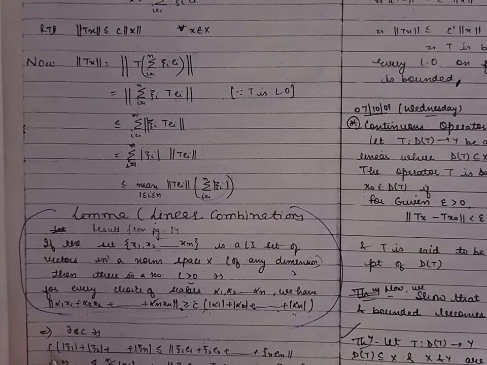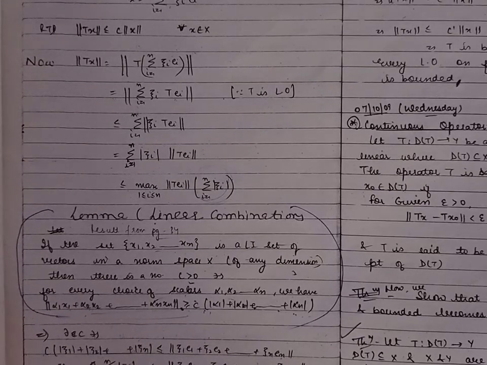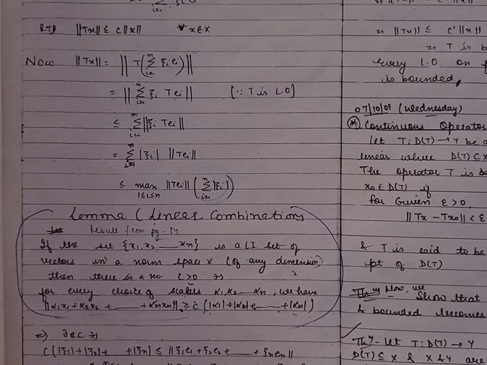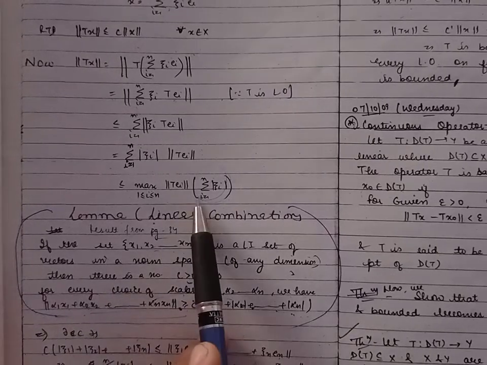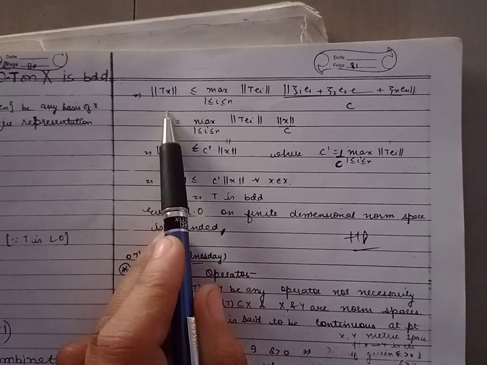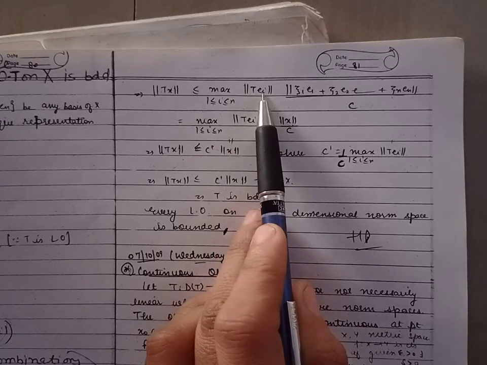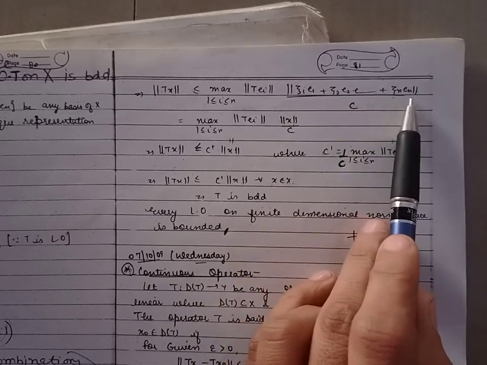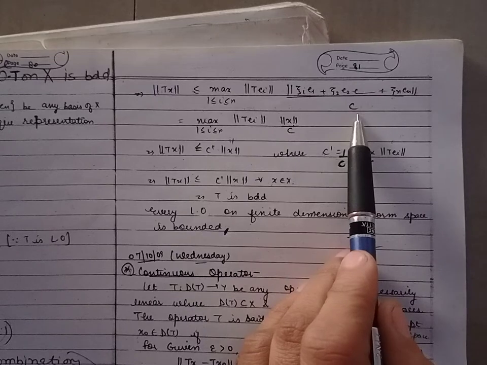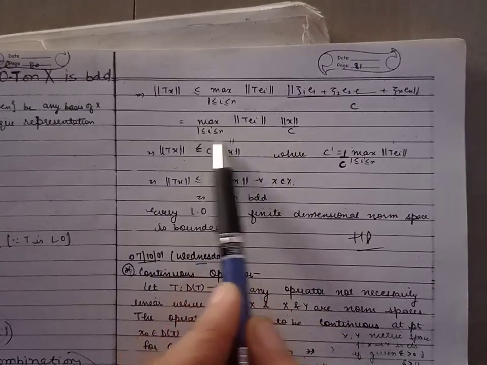Because C is a non-zero positive number, we can divide by C. This becomes the summation of mod xi_i less than or equal to the norm of xi_1 e1 plus xi_2 e2 and so on up to xi_n en, divided by C. Substituting this value here, the norm of Tx is less than or equal to the maximum of the norm of T of e_i into the norm of xi_1 e1 plus xi_2 e2 and so on up to xi_n en, divided by C. Now this is x, so this becomes norm of x divided by C, and this term we have taken as it is.